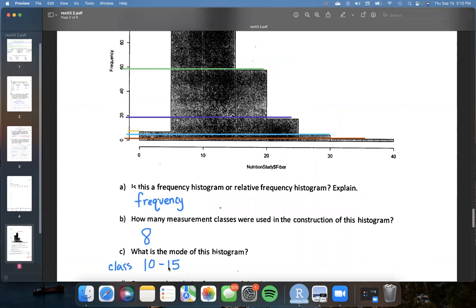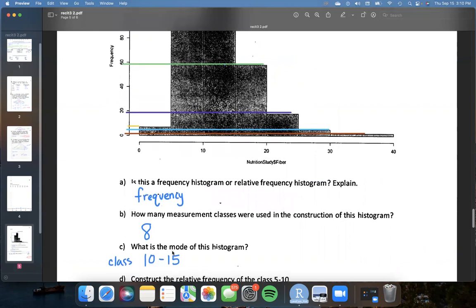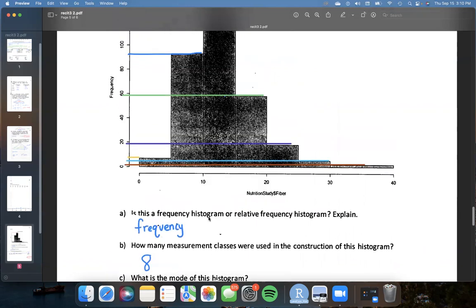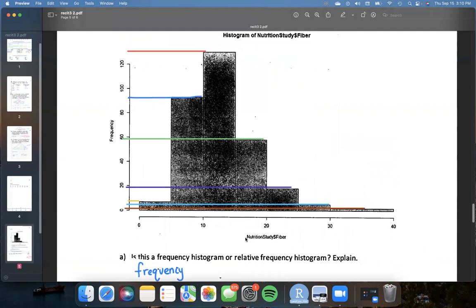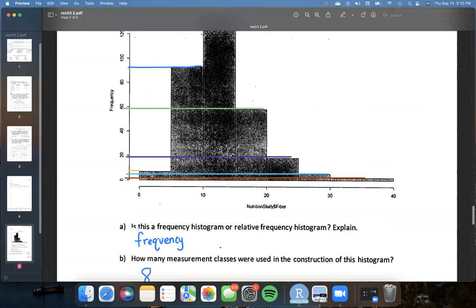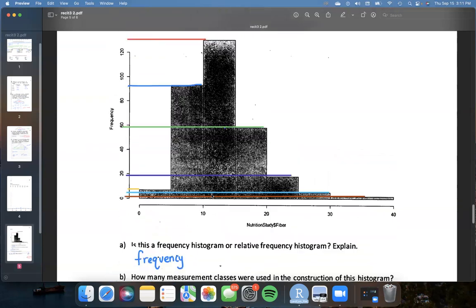And then we're going to construct the relative frequency of class 5 to 10. I did this by hand, but notice that this is also the nutrition study fiber part. So you could also do a lot of this in R and it could be more exact, but I did this by hand to give you an understanding of what's actually happening. My answers will be more of an approximation.